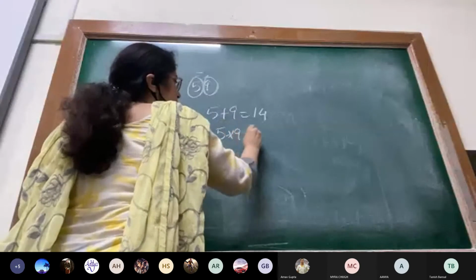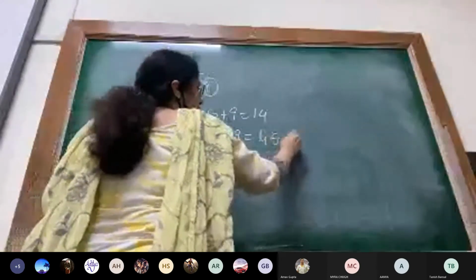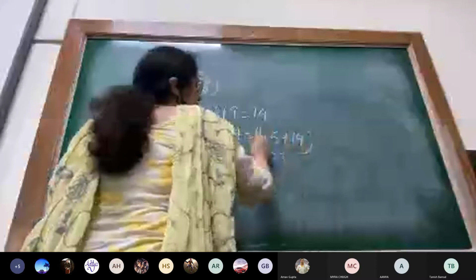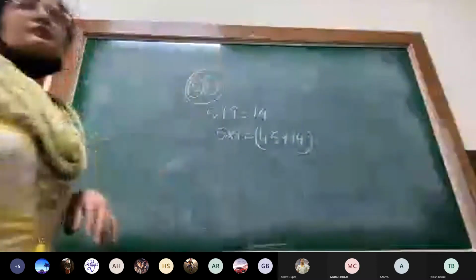See, a number is a special 2-digit number if the sum and the product of its digits, see, 59, extract 9, extract 5. 5 plus 9 is what? And multiply 5 into 9. Add them. You have to separate these two digits.